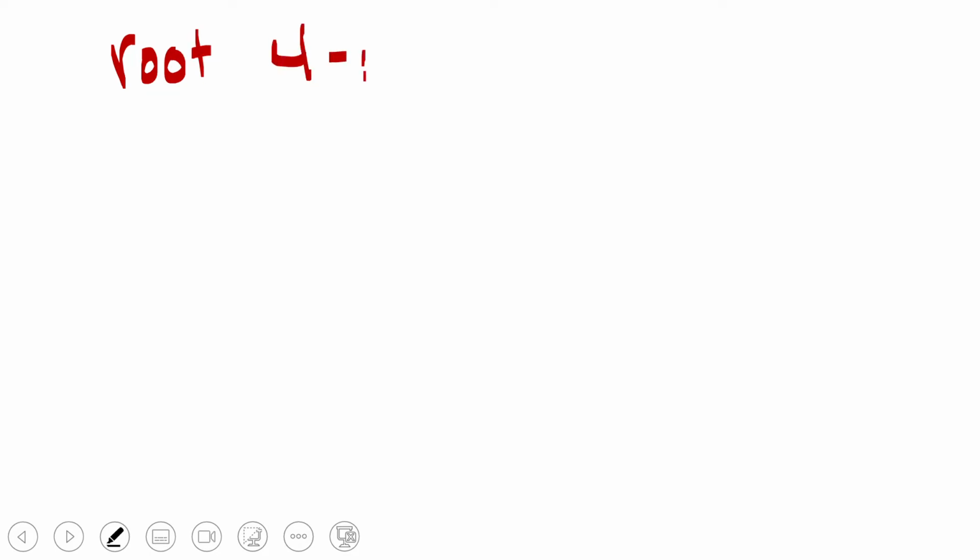All right, we have root theorems on page 268. Before we go through examples, if we have a root that is 4 minus i, then you need to go out and grab that 4 plus i is also a root.